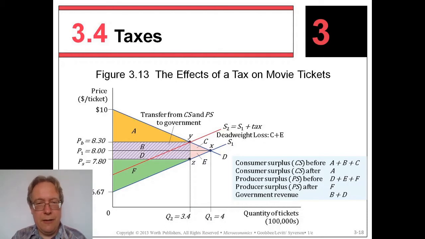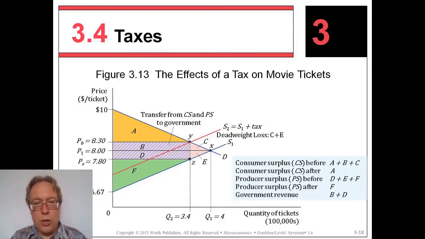Okay, let's now think very hard about how that would affect this market. Note that in the original situation, at a price of 7.80, for example, movie theaters are willing to provide 3.4 times 100,000, 340,000 movie tickets.